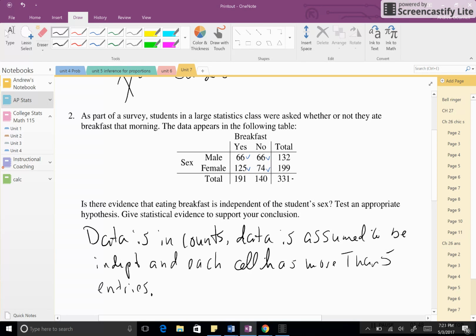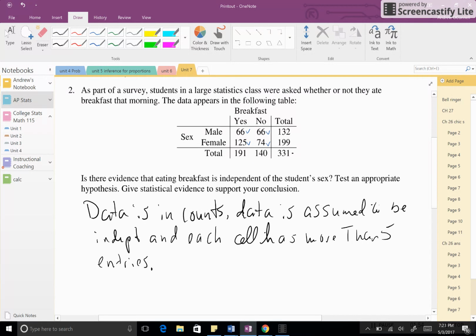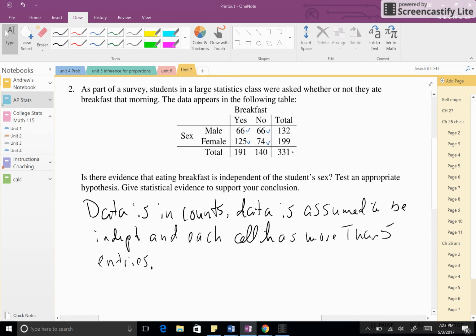You also have to see if the 10% rule applies. In this case, there are 132 males and 199 females, both of which are less than 10% of all males and all females on campus.